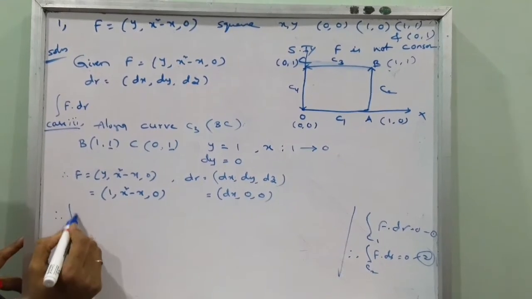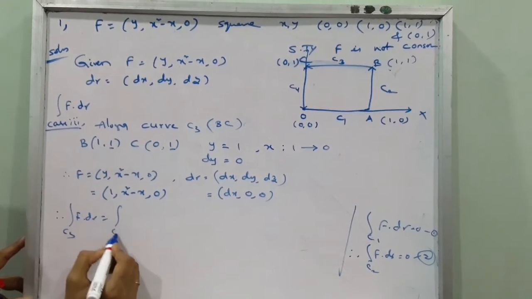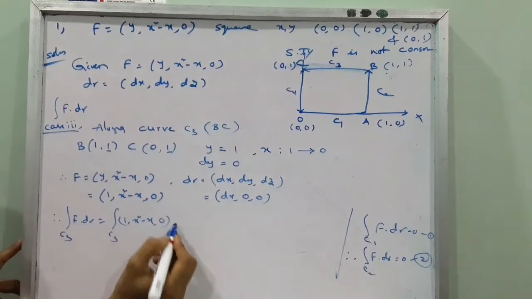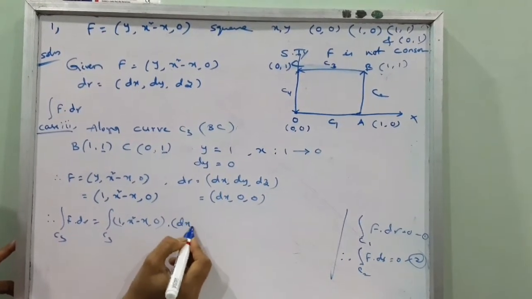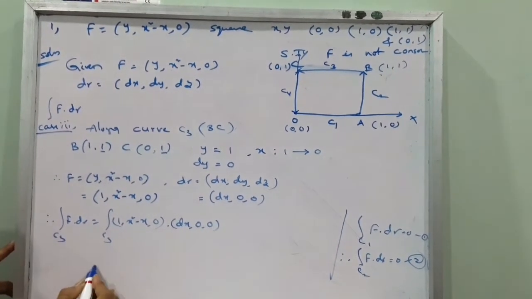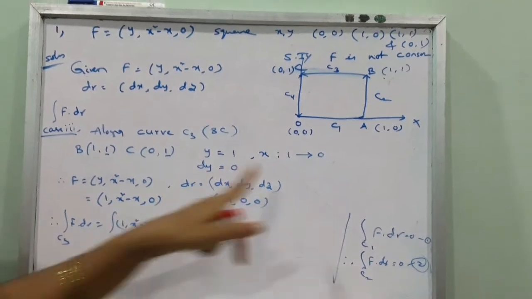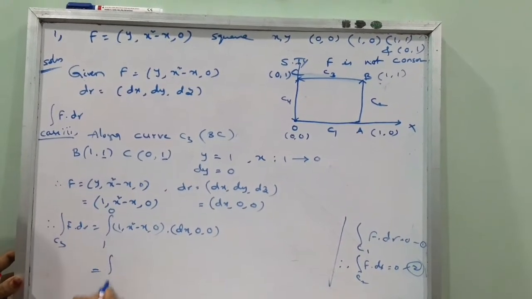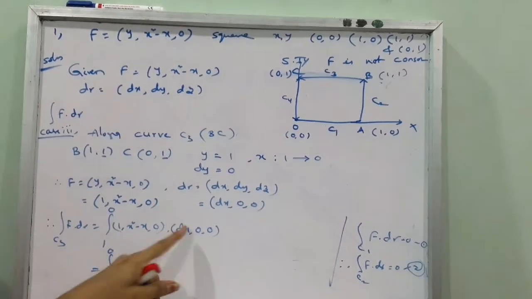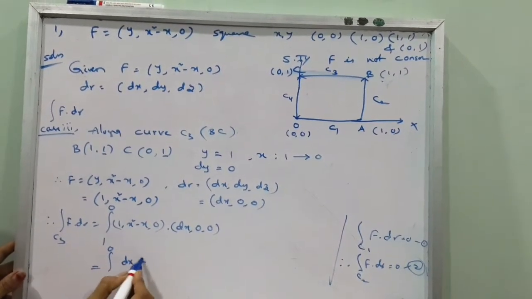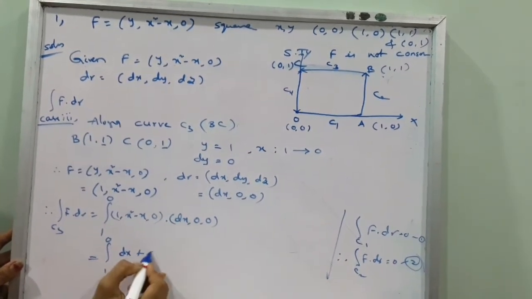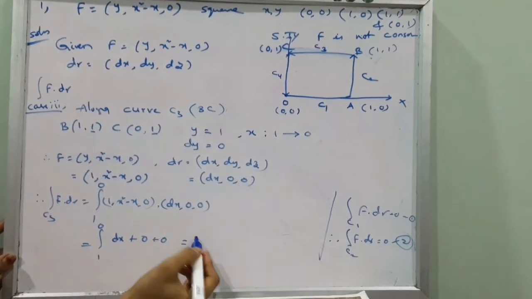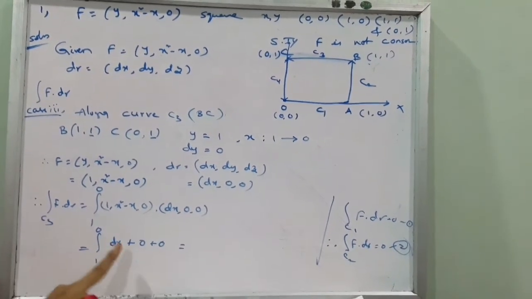Therefore, the integral along curve C3 of f dot dr has limits 1 to 0. The dot product gives 1 dot dx plus (x square minus x) times 0, plus 0 times 0, which is equal to the integral from 1 to 0 of dx.